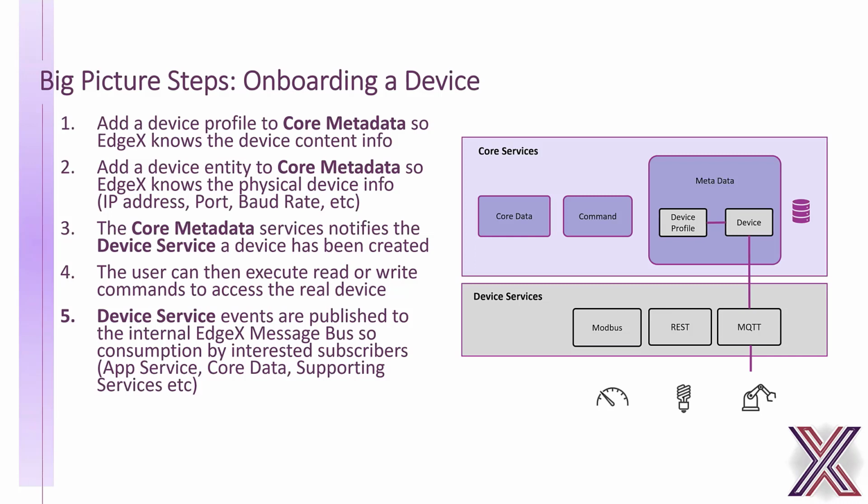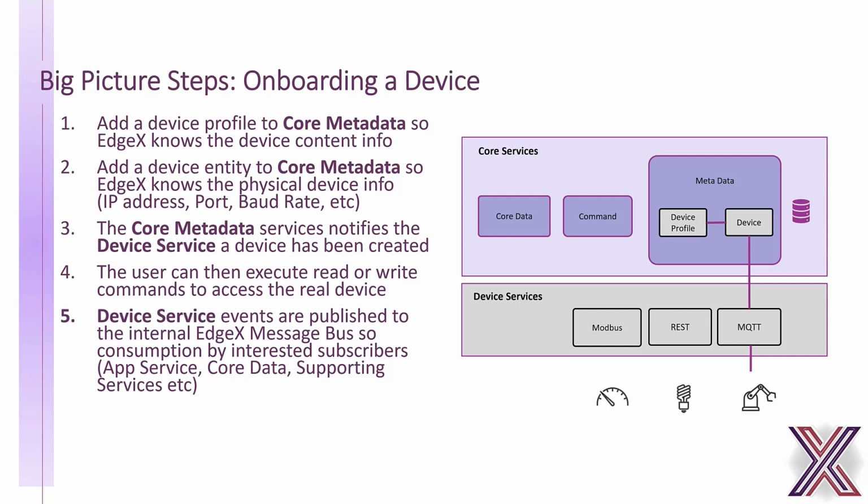And we provide it things like the physical information, like the IP address, the port, the baud rate, those sort of things. How does the device service actually connect onto that physical device? Once that's happened, the core metadata service does a callback onto the device service to tell it that a device has been created, and this is how you access it.